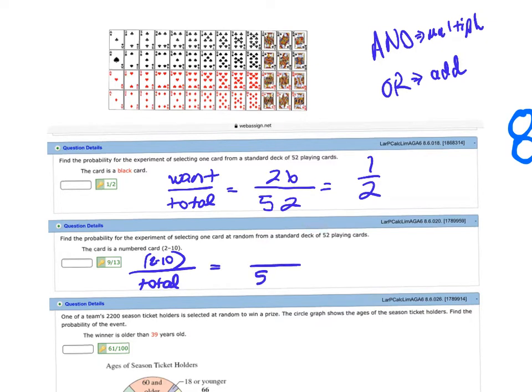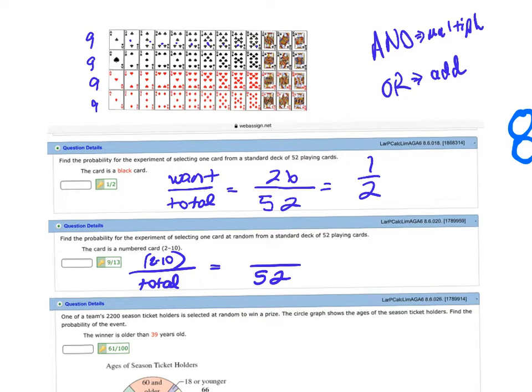We just said 52. How many of them have a 2, 3, 4, 5, 6, 7, 8, 9, or 10 on them? Count. Look up here. There's 1, 2, 3, 4, 5, 6, 7, 8, 9 spades. There's 9 in this row. There's 9 in this row. There's 9 in this row. There's 9 in this row. What's 9 times 4?